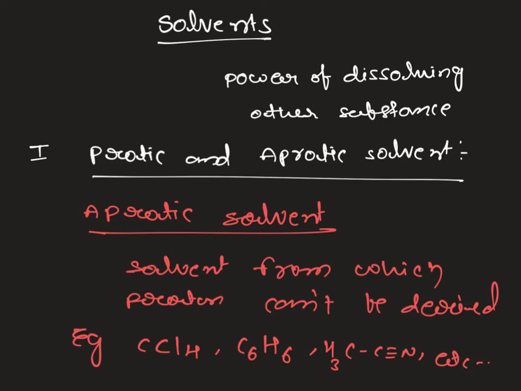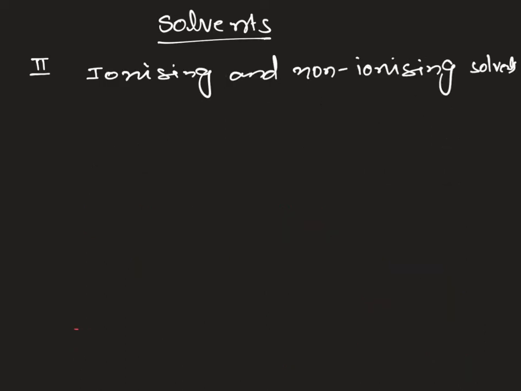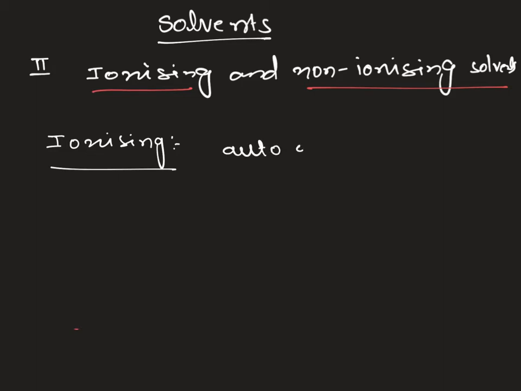Let's move on to the next classification: ionizing solvent and non-ionizing solvent. An ionizing solvent is a solvent which undergoes auto-ionization or self-ionization. Water is an example. How does it undergo auto-ionization?